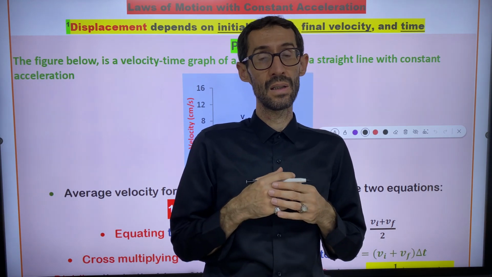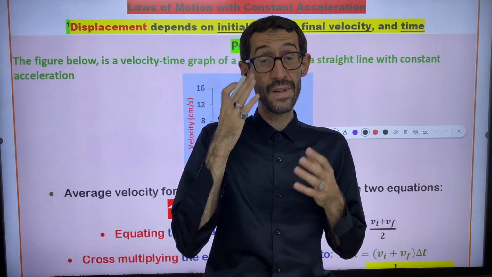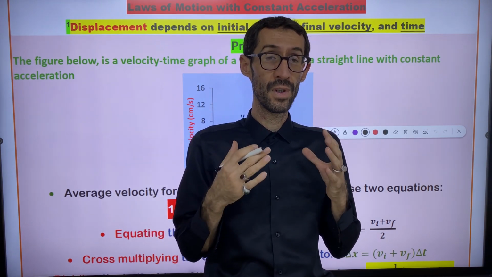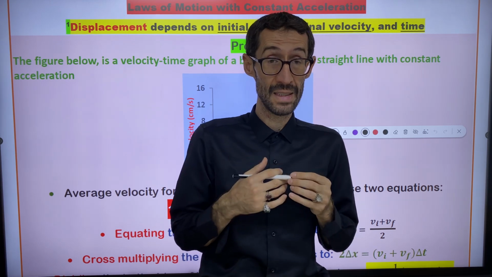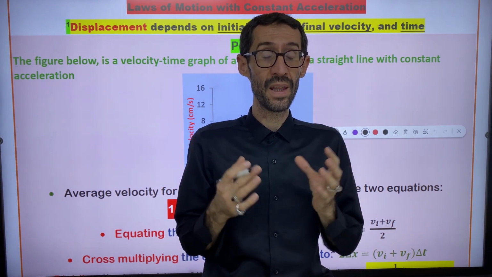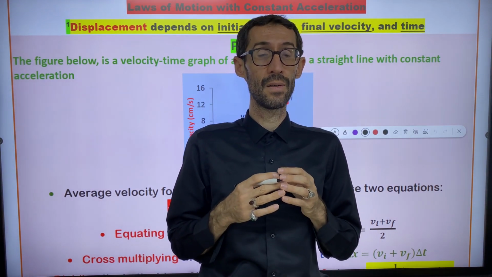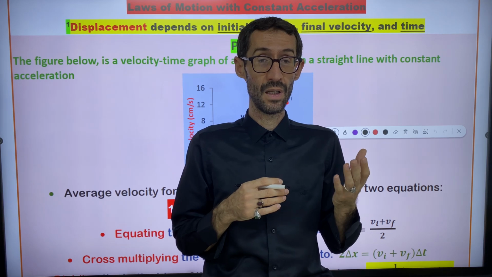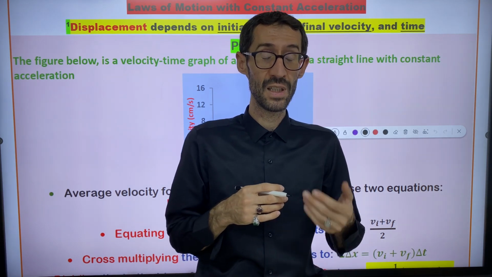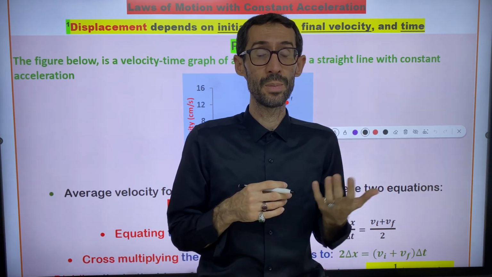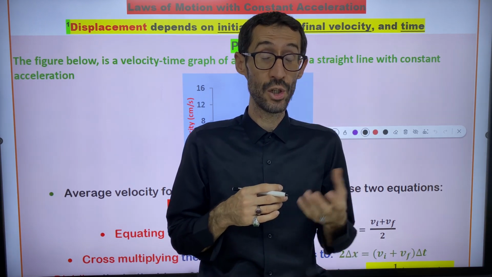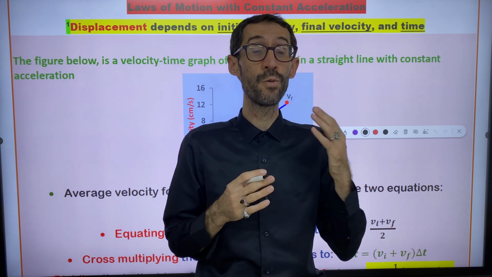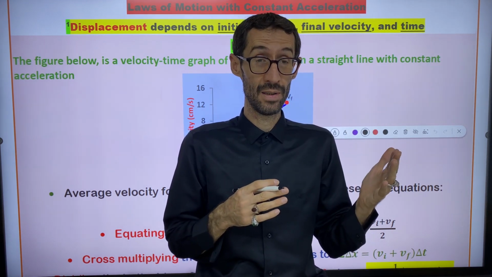So in physics, there are four main rules. We obey these rules for determining the velocity, the displacement, the time interval or acceleration of objects that move with constant acceleration.